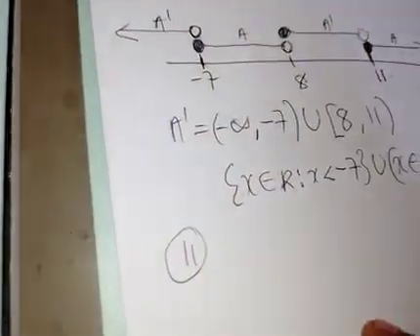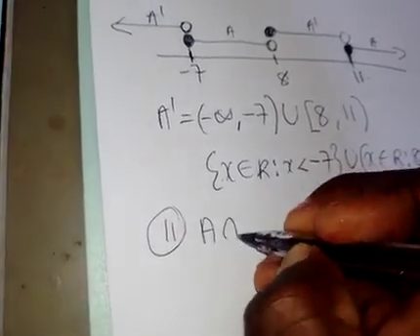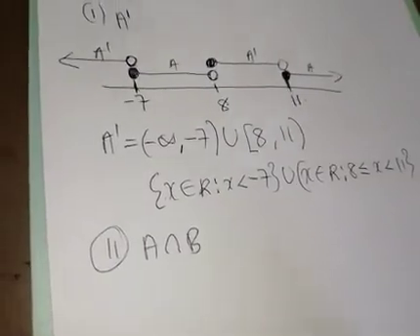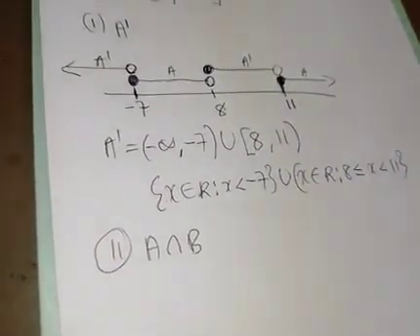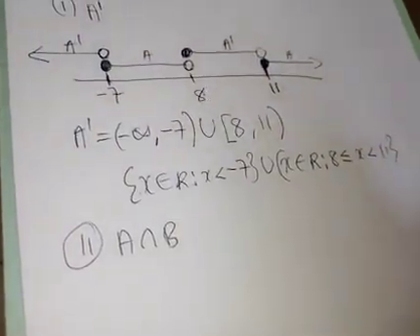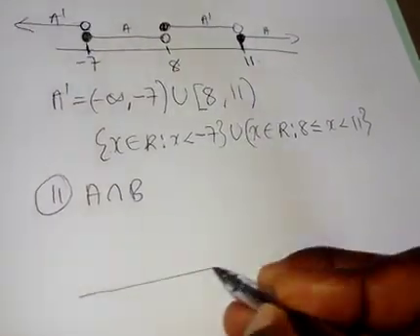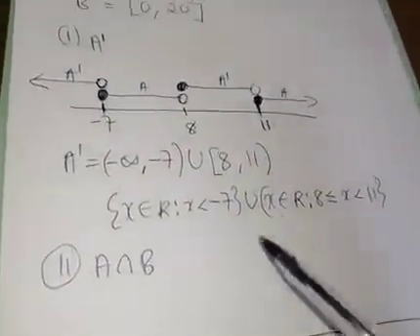Then the second thing, we should find A intersect B. To find A intersect B, meaning we should show both A and B on the number line. We shade and check where the lines are crossing each other. Okay, so that's the number line.